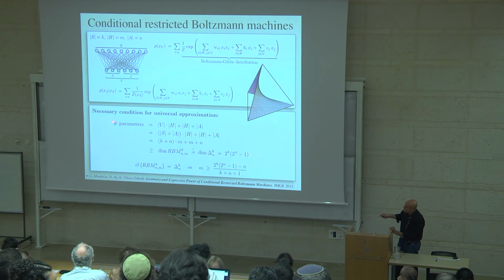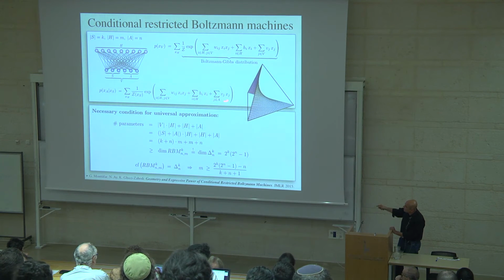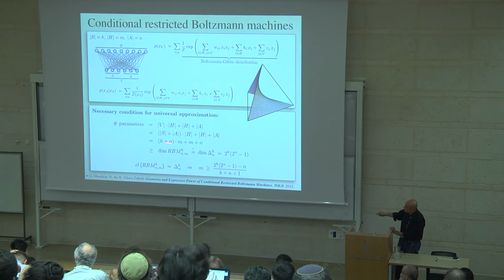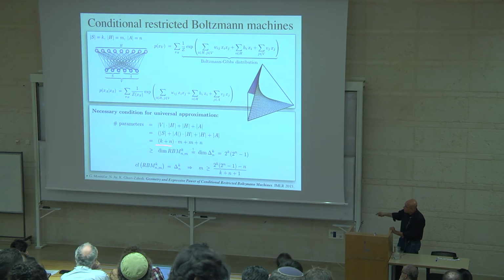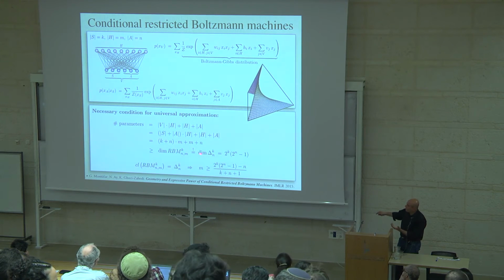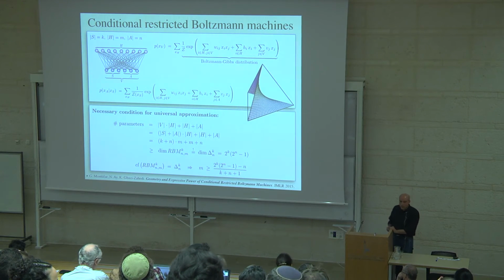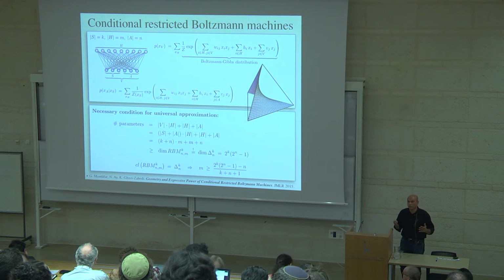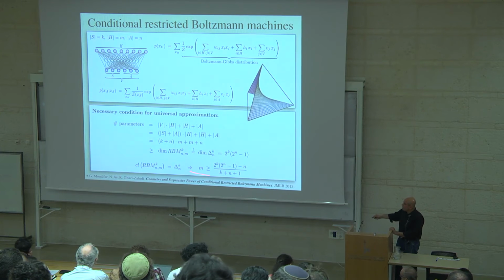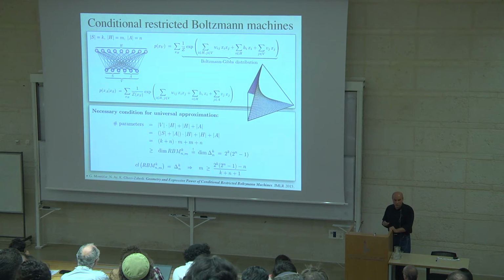We just count these parameters here and end up with this quantity. The number of parameters is trivially greater than or equal to the dimension of that object, and then we require that dimension to equal the full dimension of the polytope. This gives you a necessary criterion for universal approximation. So you cannot fill the whole polytope of conditional probability distributions without having m greater than this quantity. And this is a disaster. It's exponential. You need really many, many parameters in order to fill it.